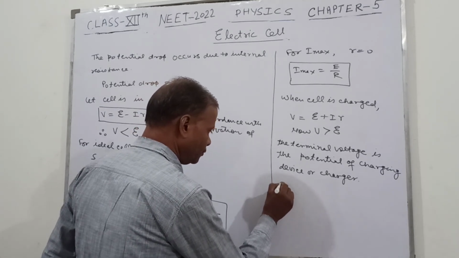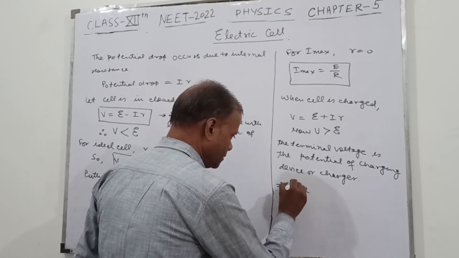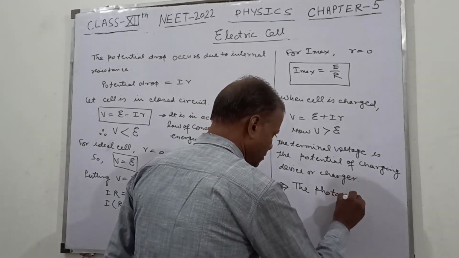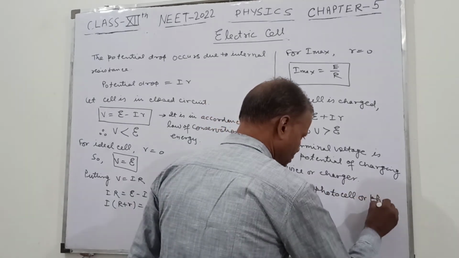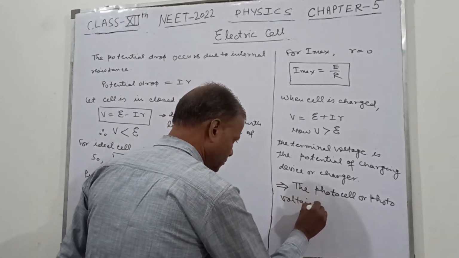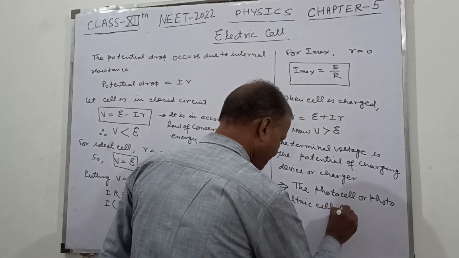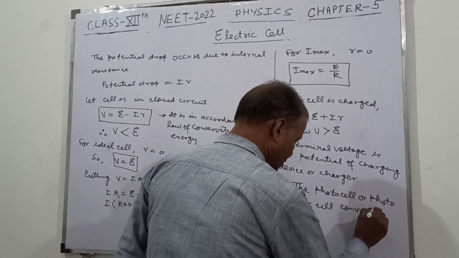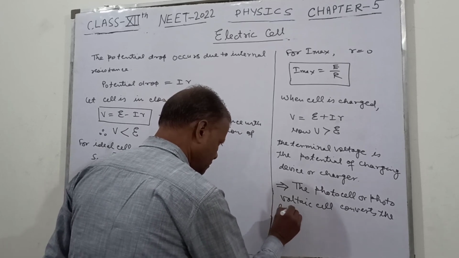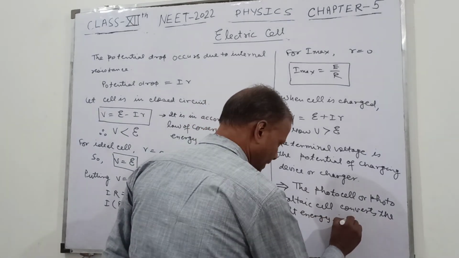Now I am telling you this also. The photocell or photovoltaic cell converts the light energy into electrical energy.